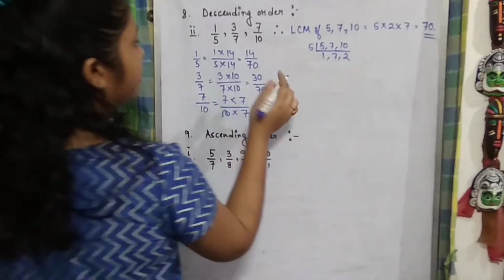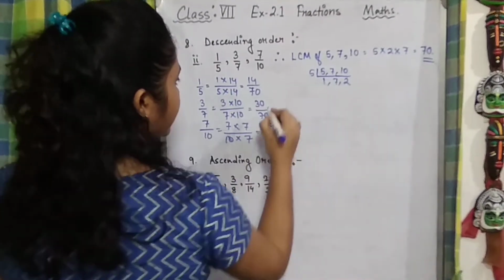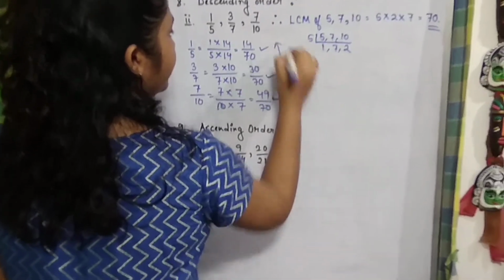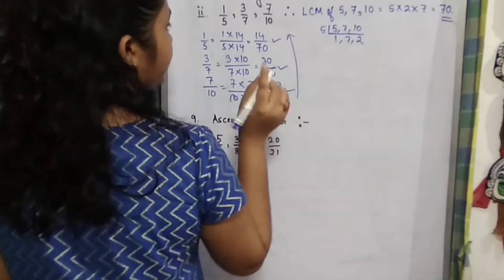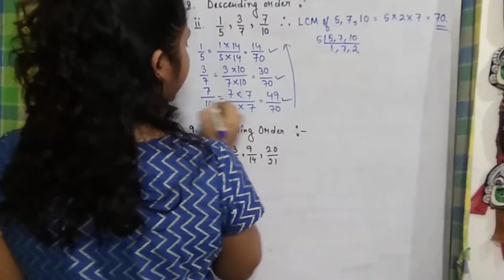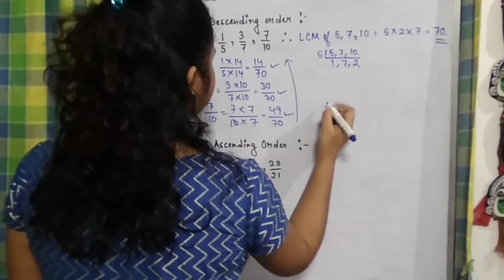Now from here you can see which is the biggest one: 49 by 70, then 30 by 70, then 14 by 70. So we will follow this order, but while writing the order, we'll write the initial fractions.